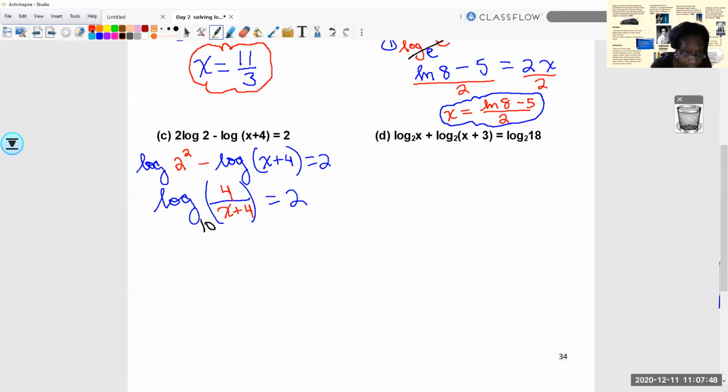So this would be 10 squared is equal to 4 over x plus 4. Okay, you have to know this is a fraction. Anytime you have a fraction, you can make a whole number into a fraction. And we're classifying this problem again. This is called a proportion.